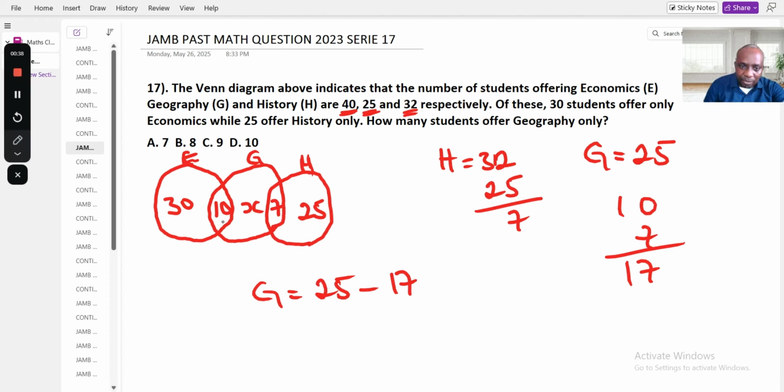This 7 and 10, because the total of people that did geography are all 25, and we know that history and geography is 7, economy and geography are 10. To know only the people that did geography, 25 minus 17 is going to give us 8. The final answer is 8, which is B. Let's move to the next question.